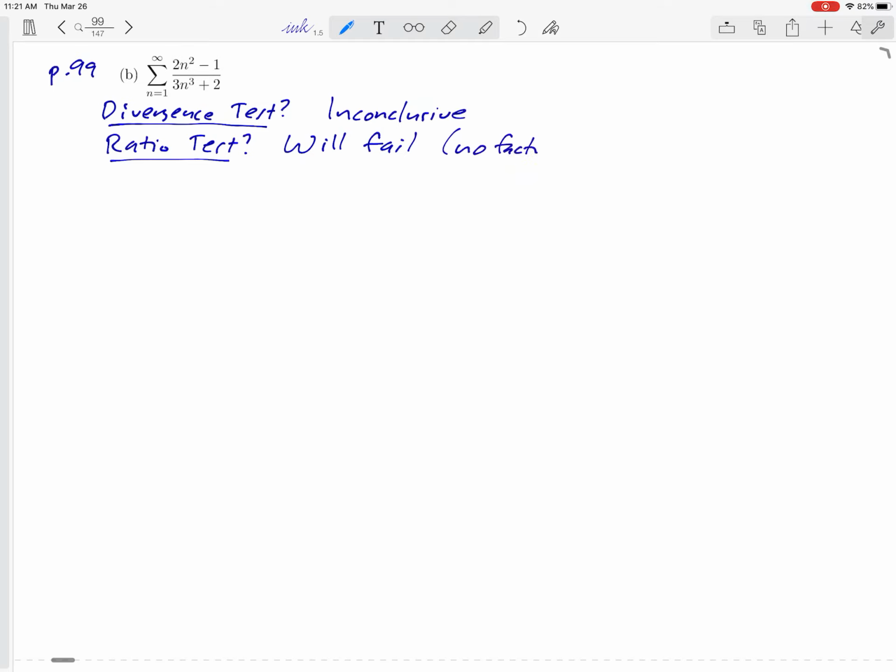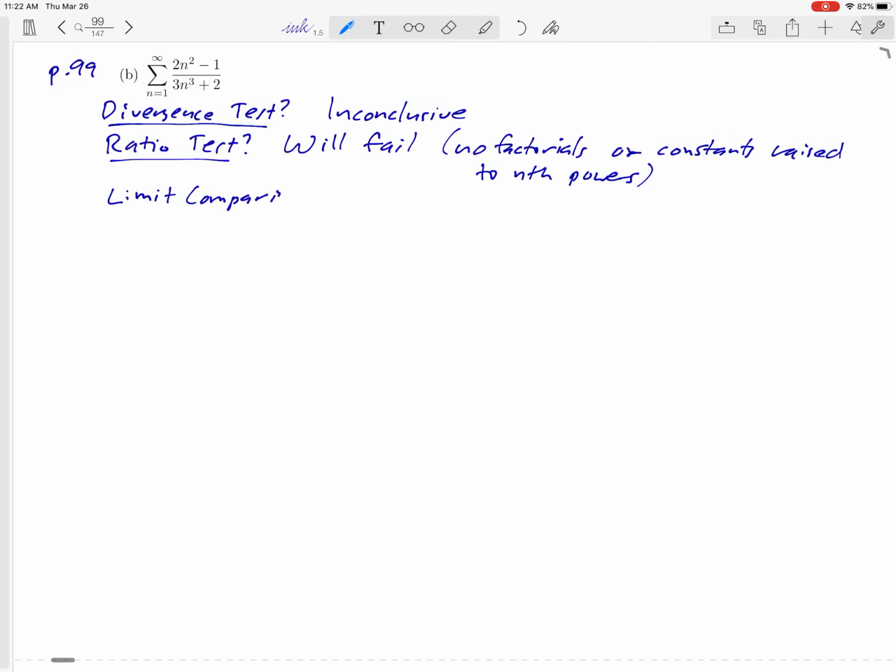So the ratio test, no sense in trying that because it's going to fail anyway. No factorials or constants raised to the nth power. So we're going to have to try something else.